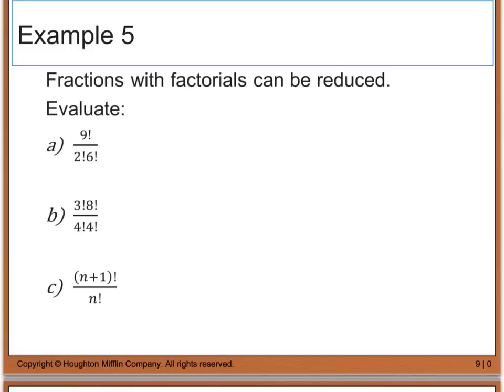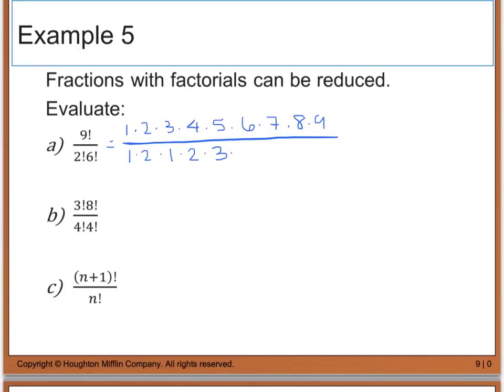If we go ahead and write out what it means to be 9 factorial, I have 1 times 2 times 3 times 4 times 5 times 6 times 7 times 8 times 9, and I'm going to divide that by 1 times 2 for my 2 factorial, and 1 times 2 times 3 times 4 times 5 times 6 for 6 factorial.